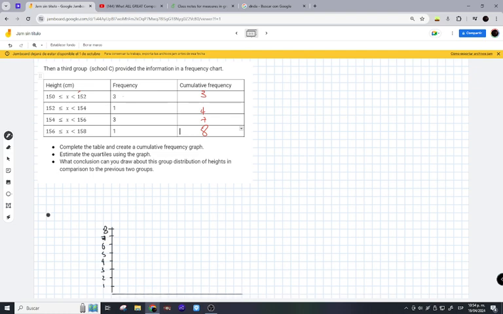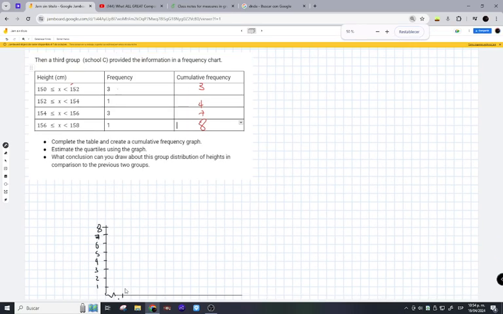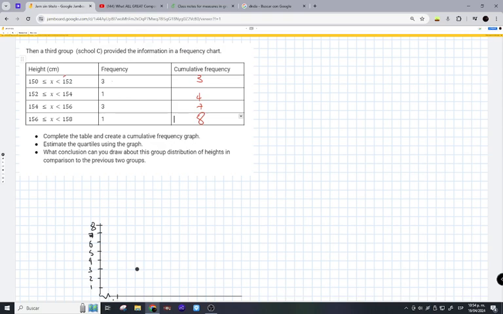Now, on this axis we are graphing the height, and remember it's grouped, and we start at 150, so we can make this little mark to represent that there are heights smaller than 150, but we are not counting them. We are not using them. So 150, excuse me, I will need to make this bigger. Oh my god, I think I made a mistake and made it too low.